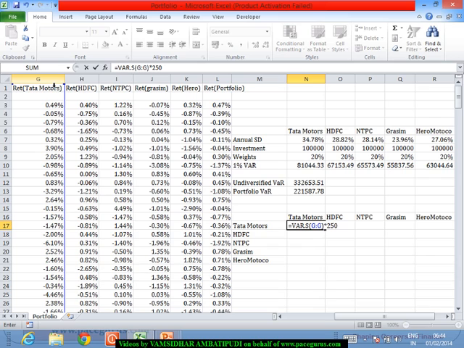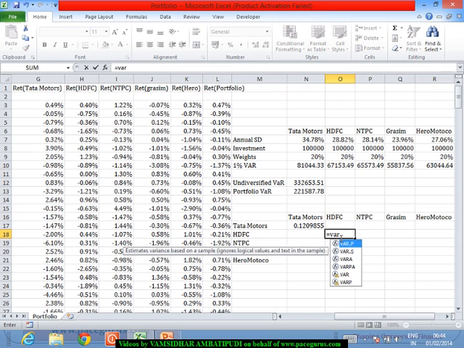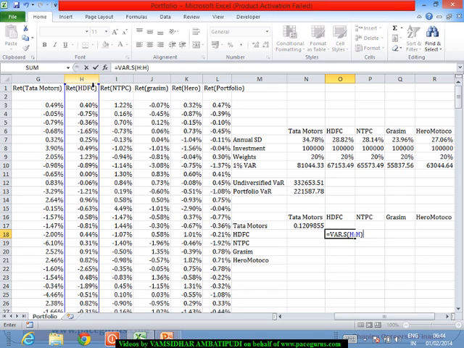So that is the variance associated with each of these security returns. Similarly, for HDFC, I can find out the variance associated with this return multiplied by 250. I'll take it along the diagonal.